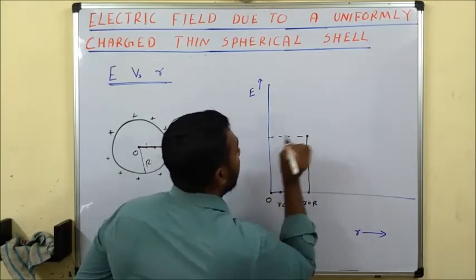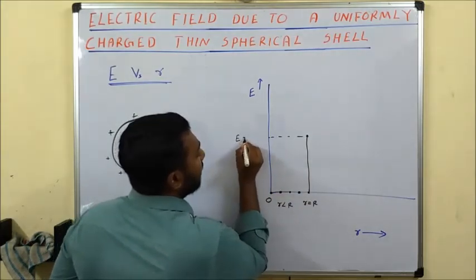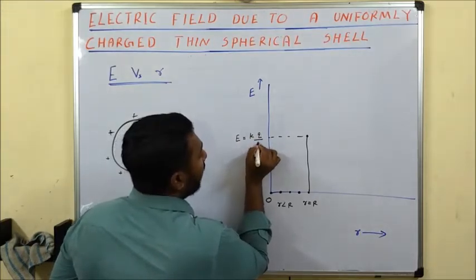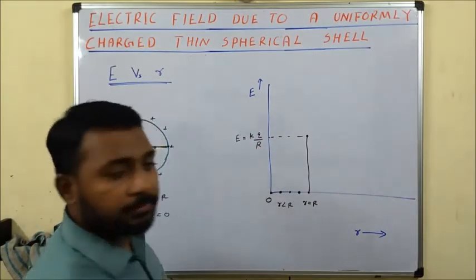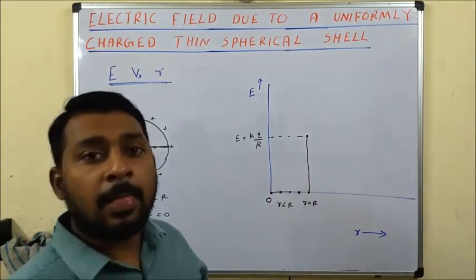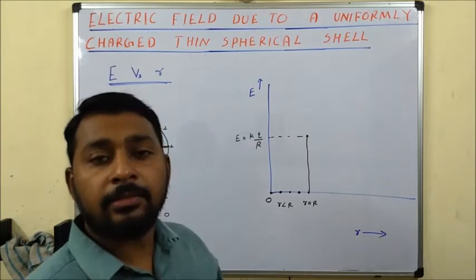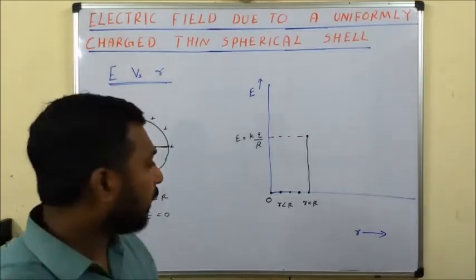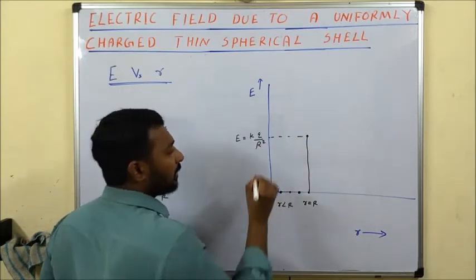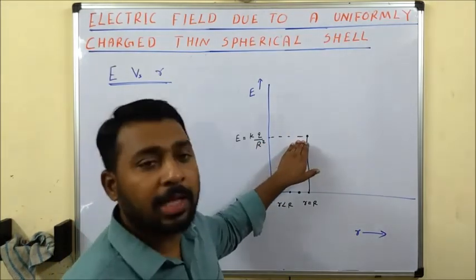And you know what this electric field is? That is E is equal to KQ divided by capital R. I'm sorry, it is not Q by R, it is Q by R square. So that was the maximum value.